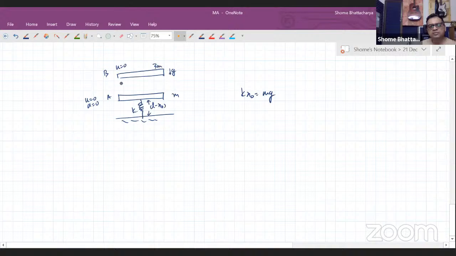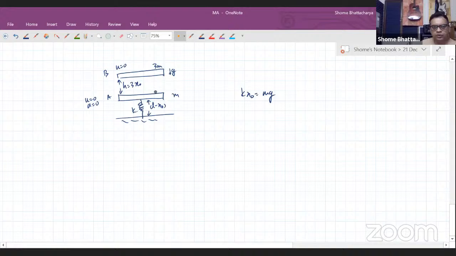Plate A has a mass m, so together it is 3m. It is dropped from a height of 3x naught. Thereafter, both the plates rebound upwards. What maximum height above the initial position of plate A will plate B rise?